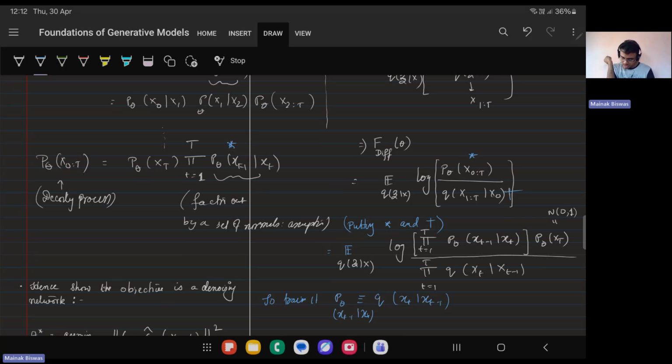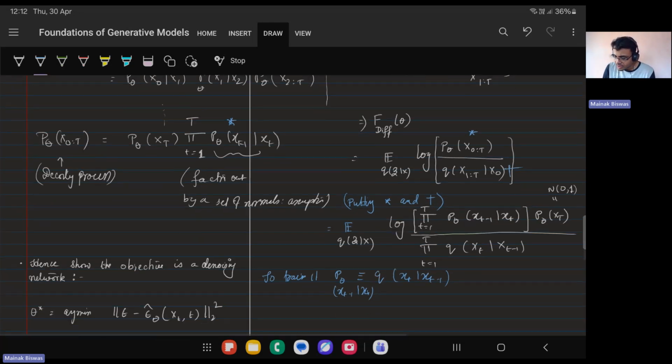So the problem is I don't really want that. I want p theta of xt minus 1 given xt to model q of xt minus 1 given xt. So I want to model the posterior under the variational distribution, because when those are similar, can I make a claim that the reverse process would be similar? So let us try to do that.